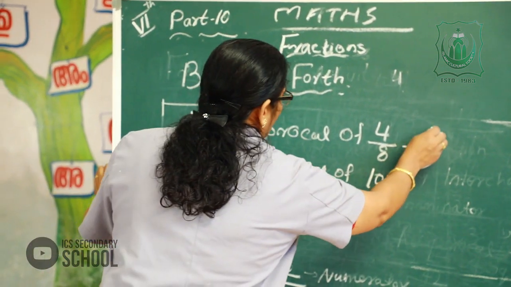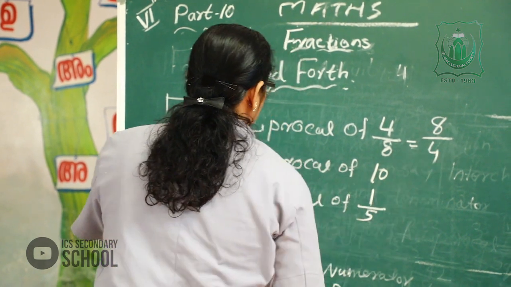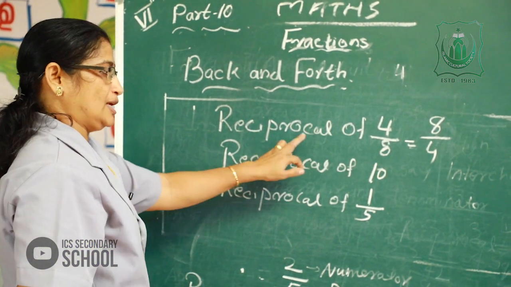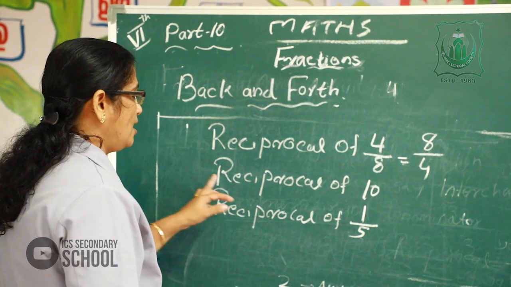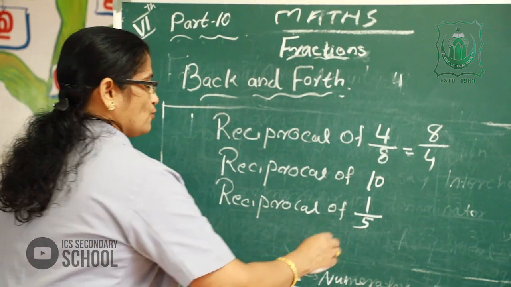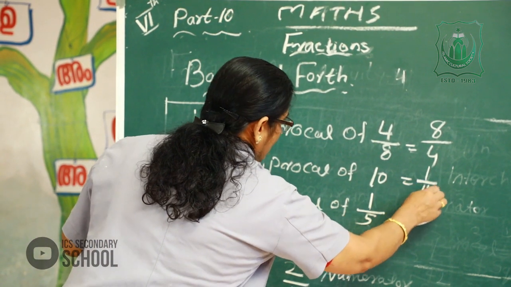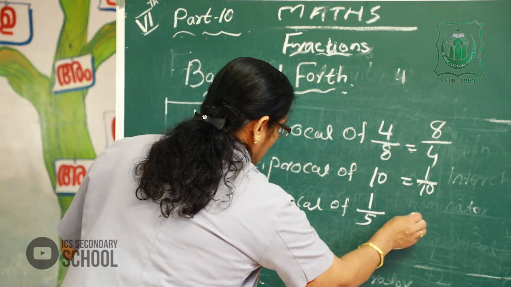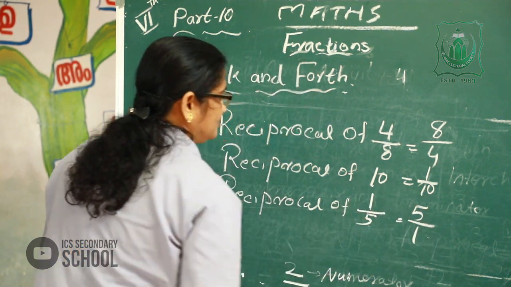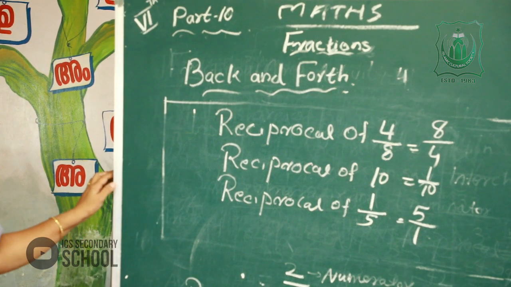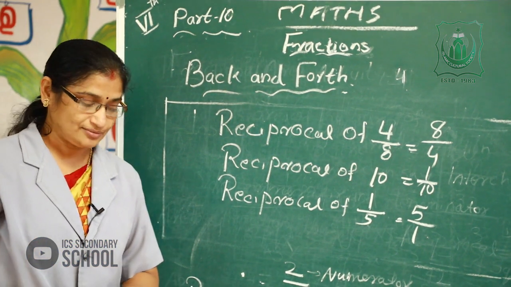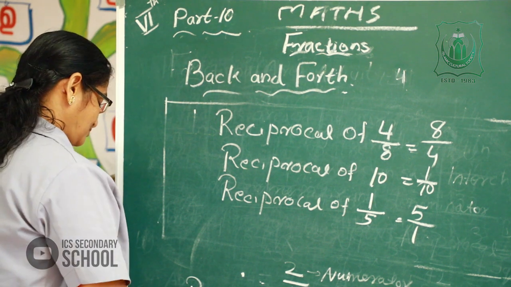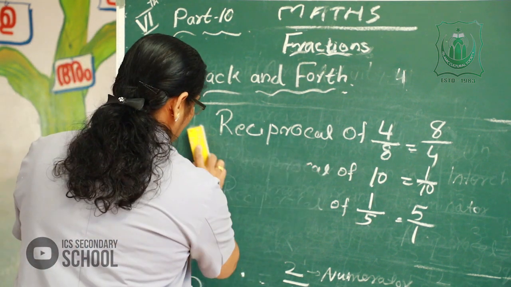The reciprocal of 4 by 8 is 8 by 4, changing the numerator and denominator. Reciprocal of 10 is 1 by 10. Reciprocal of 1 by 5 is 5 by 1. Write down. May I clean the board?